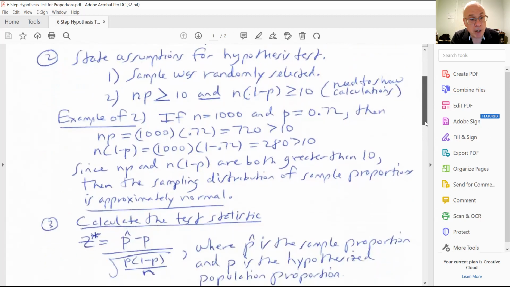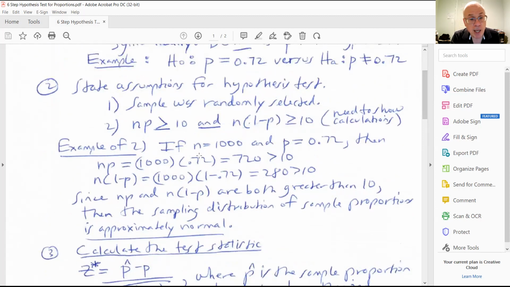Here's an example right here where N, the sample size, is 1,000, and the hypothesized proportion is 0.72, you notice it matches this 0.72 up here. Then 1,000 times 0.72 is 720, that's bigger than 10. And then you can see the formulas being used here. You show the formula and then you replace those letters with the numbers.